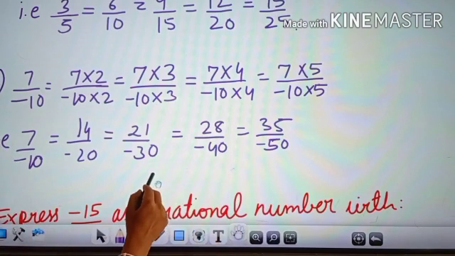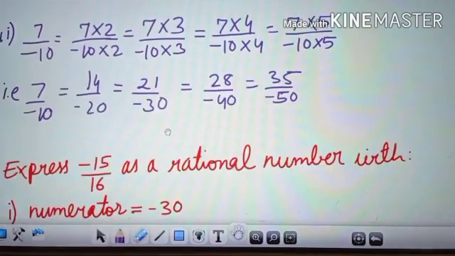Are you understanding, children? Very easy. You just have to multiply with 2, 3, 4 and 5.